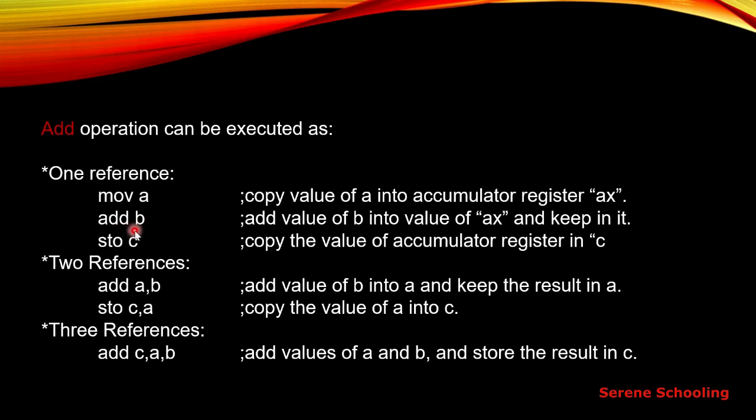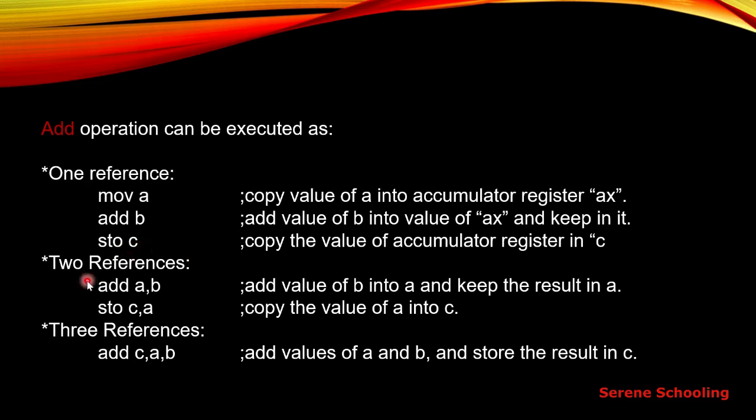Normally we are familiar with adding two numbers or two variables, like c equals a plus b, but here it adds the value of the b variable to the value of the AX register and keeps the result in the AX register. We will see this through examples also, and you will understand it clearly. Then we have the store mnemonic. Here store C copies the value of the accumulator register into the C variable.